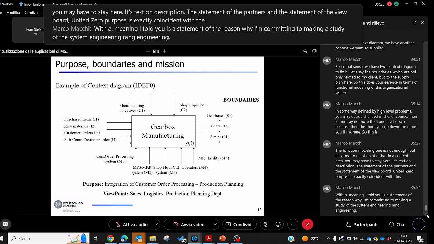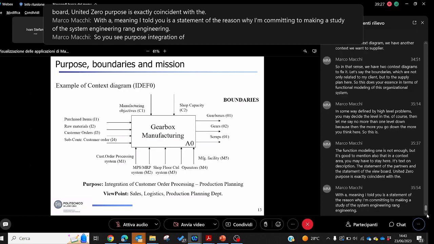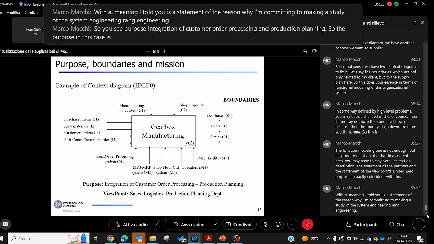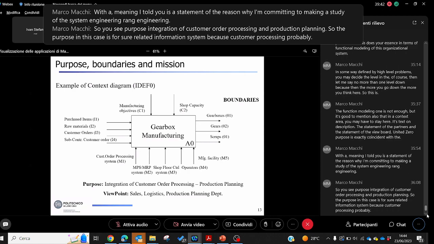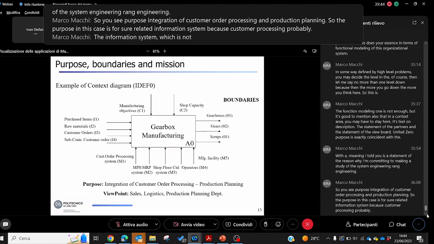So you see, purpose: integration of customer order processing and production planning. So the purpose in this case is for sure related to the information system, because customer order processing probably has some part of the information system which is not well integrated with what is tracking the production.